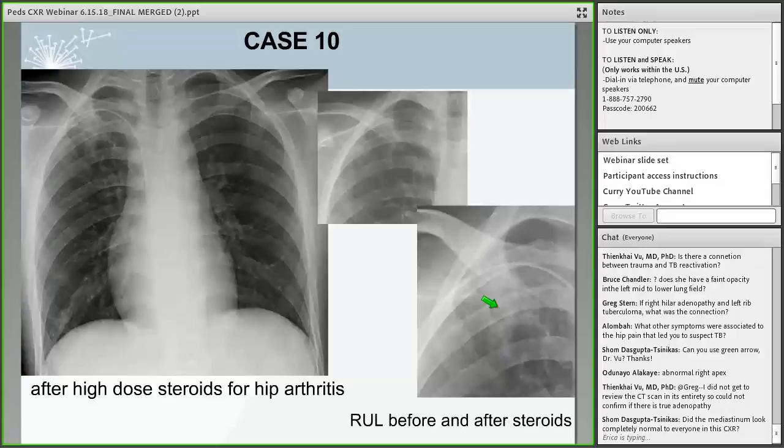We did not find any evidence whatsoever, either on pathology or on culture, that he had any tuberculosis in his hip joint. And lo and behold, his sputum grew, dun, dun, dun, multi-drug resistant tuberculosis. So, and he's HLA-B27 positive.